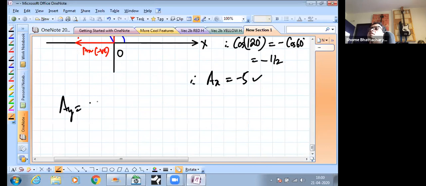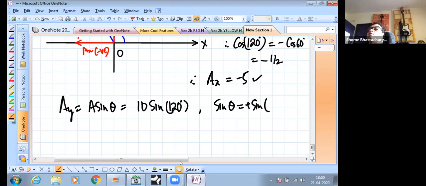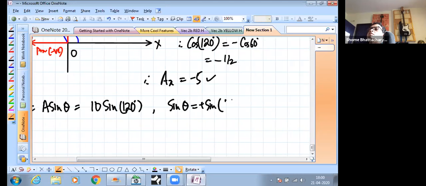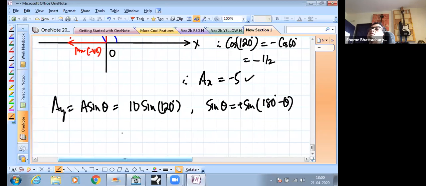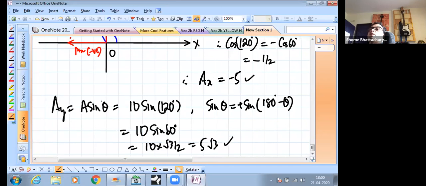And similarly, Ay, which is A sin theta, will be 10 sin 120. And now for sin, we will use the formula: sin theta is positive of sin 180 minus theta for second quadrant. So using this formula, this becomes 10 sin 60. So that is 10 into root 3 by 2, or 5 root 3. So positive 5 root 3 is the y component, whereas minus 5 is the x component.